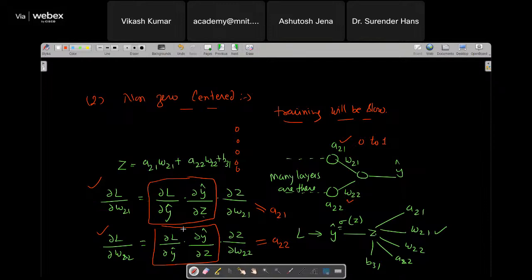Basically the gradient is restricted in a single direction. So let's say, for example, I want to go from Delhi to Jaipur.